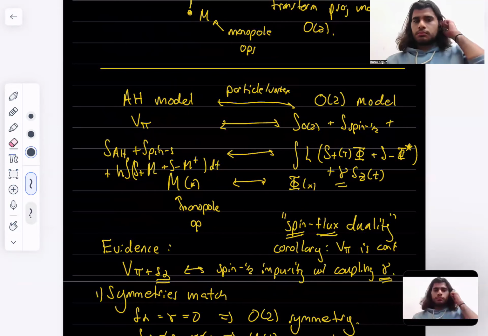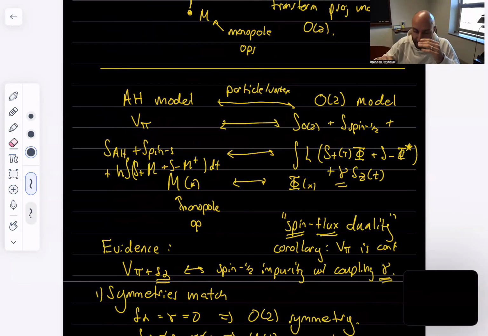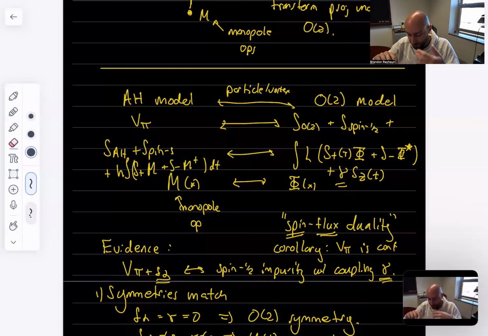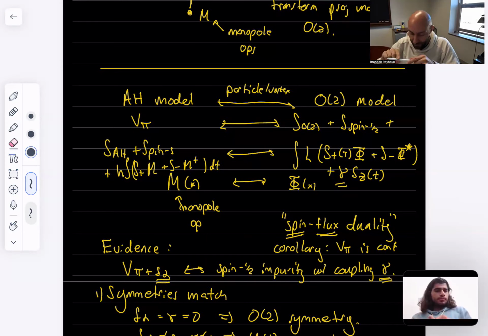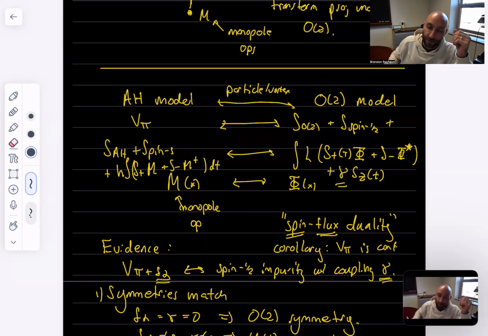And so you can ask whether spin-flux duality can also be elevated to a web. That is, you can find some kind of dualities involving these conformal line operators inside other examples of particle vortex duality. That we haven't thought about yet.